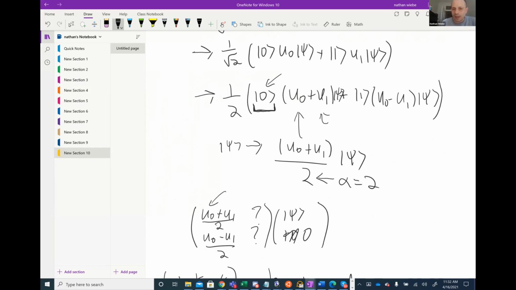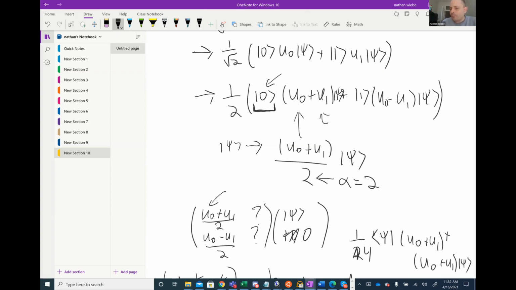So it's going to be like 1/2 psi, or 1/4, plus u1 dagger times u naught plus u1 psi.